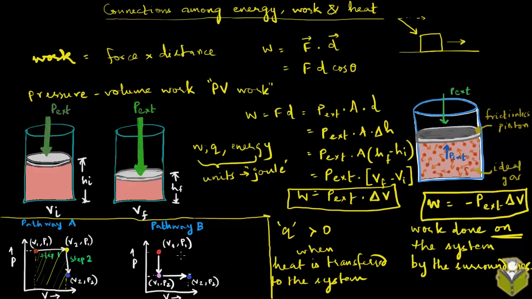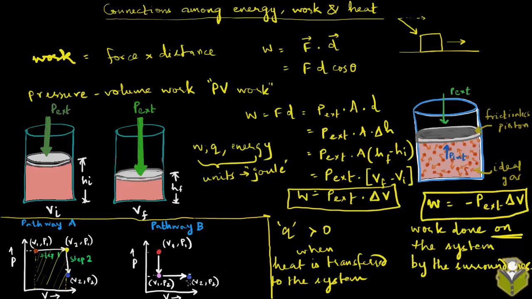Now if you take the next pathway, it starts at the same pressure P1 as before. Now it drops the pressure from P1 to P2 at a constant volume. So the volume of the gas doesn't change in step 1. And then in step 2, it goes from volume V1 to V2 at a constant pressure.